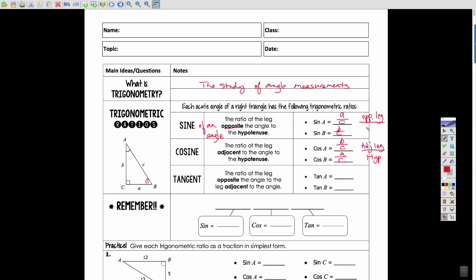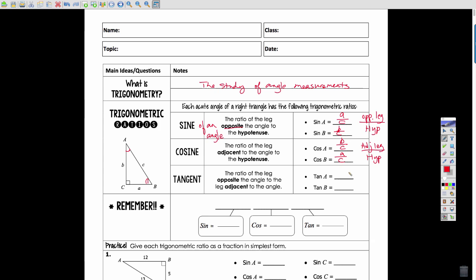One is called opposite leg. One is called adjacent. Again, opposite or adjacent, meaning opposite of the angle, in this case angle A, or the adjacent leg of angle A. And when we say sine B, it's opposite of the angle B.